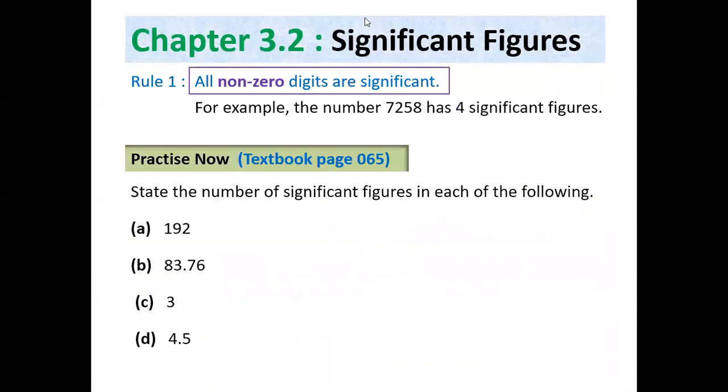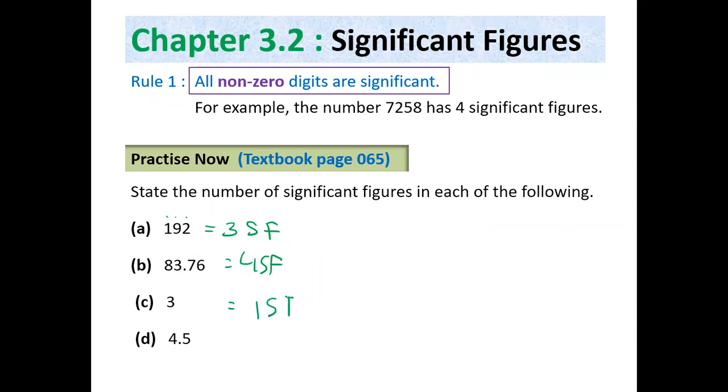For example, rule number 1: all non-zero digits are significant. So every digit that is non-zero is significant. 192: how many digits do we have? 3, so this is 3 SF. How about this? There is no zero at all: 1, 2, 3, 4, so 4 SF. As simple as that. You just count the number of significant digits.